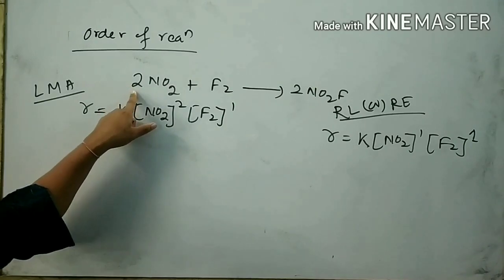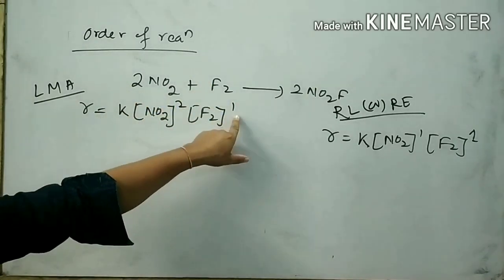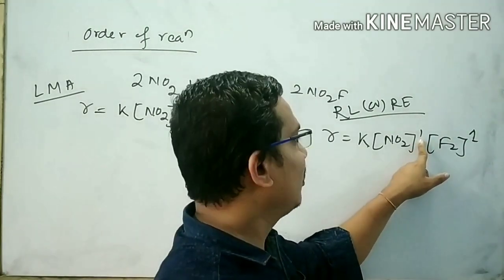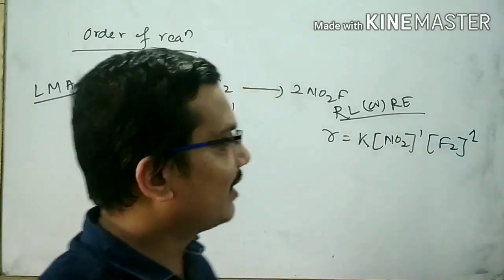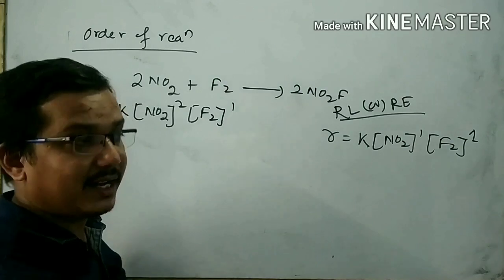Look at that: in one expression 2 is written, in the other 1 is written. But remember, this value can be calculated by the help of experiment.